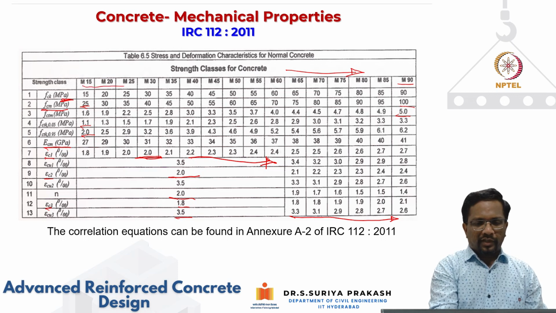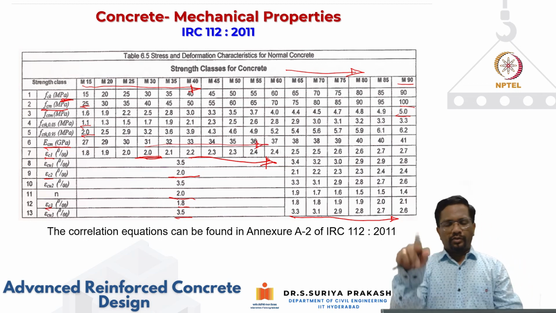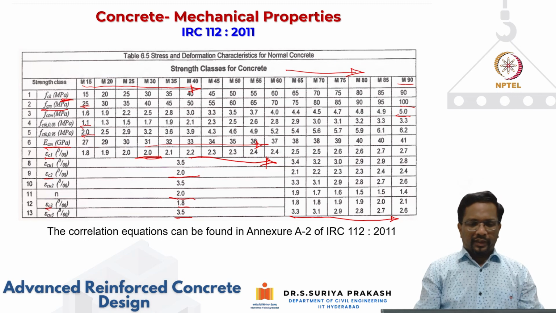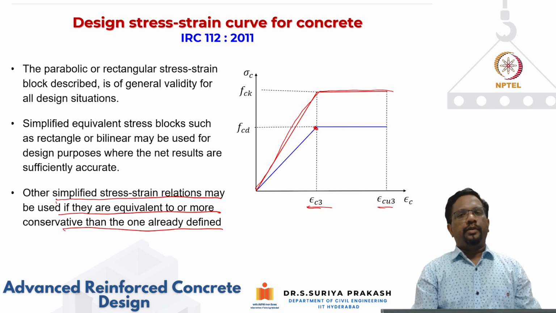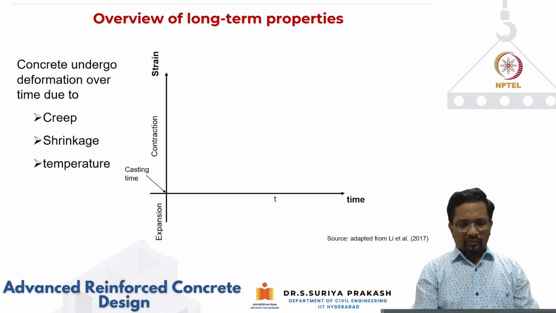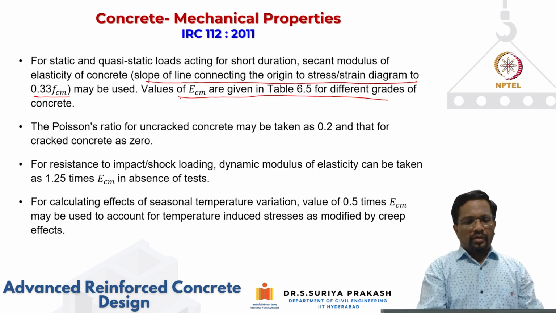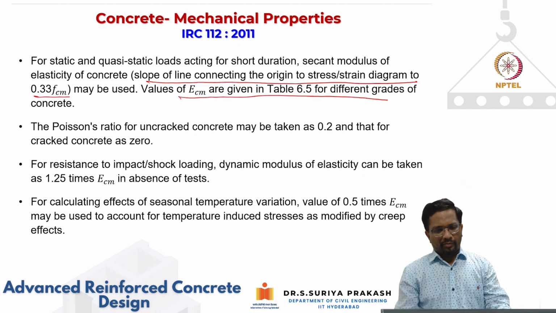As the strength of the grade is increasing, the elastic modulus is also going to increase. Okay, but it is going to follow the square root of fck. Which we have seen in the previous lecture also. Right. So this is the way we calculate your elastic modulus.